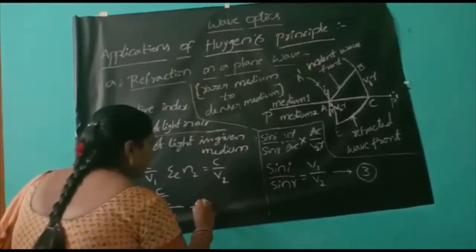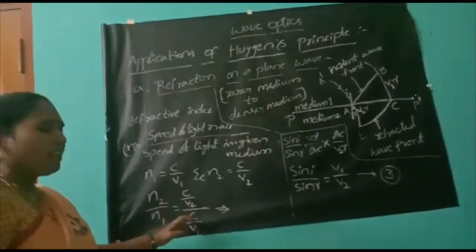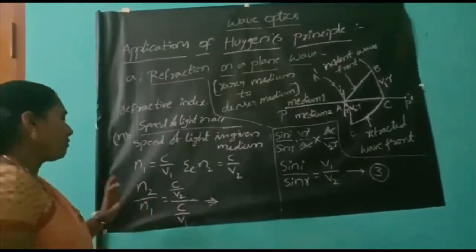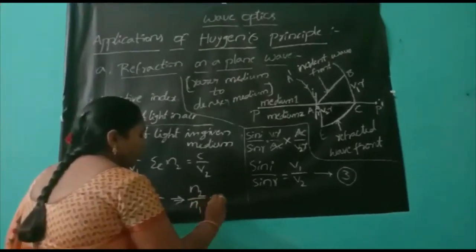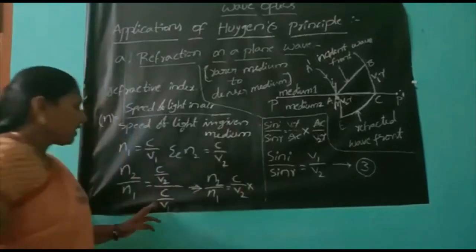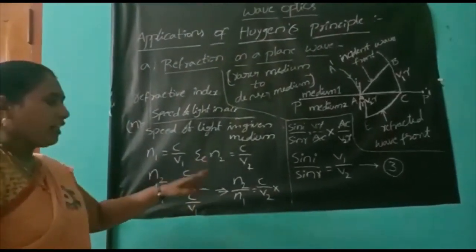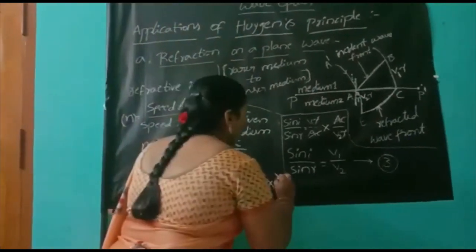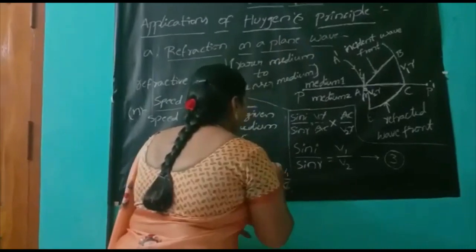Here the denominator fraction will be interchanged, so N2 by N1 is equal to V1 by C into... and the C term cancels.